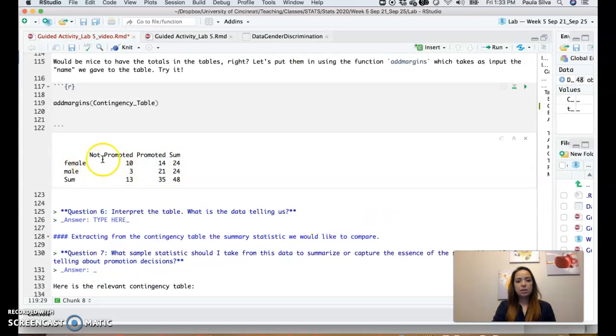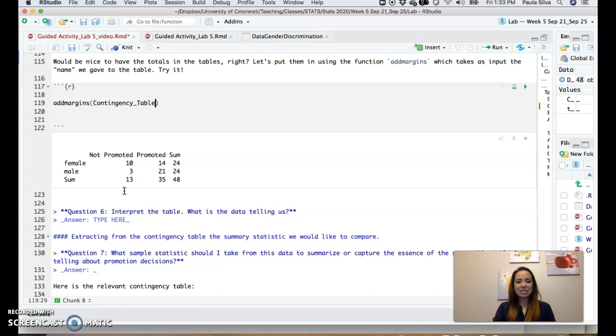So we had 24 supervisors that received a female file, 24 that received a male file, so that works out fine. And then we had 35 promoted and 13 not promoted. So we have all the information that we need right there to start computing interesting statistics.